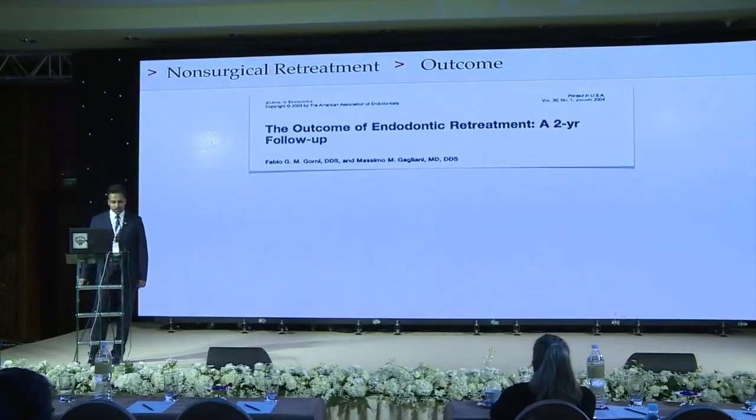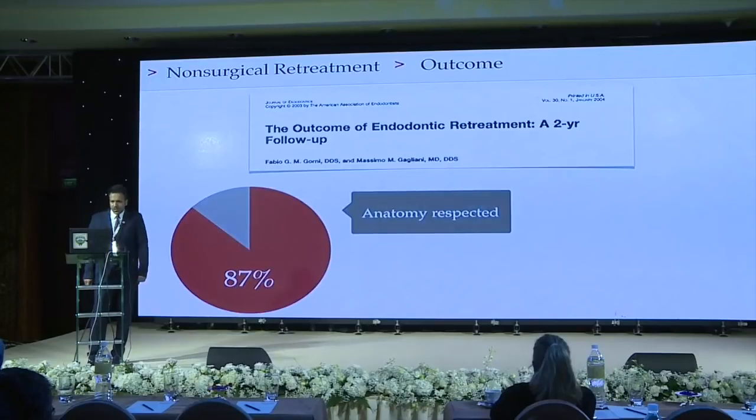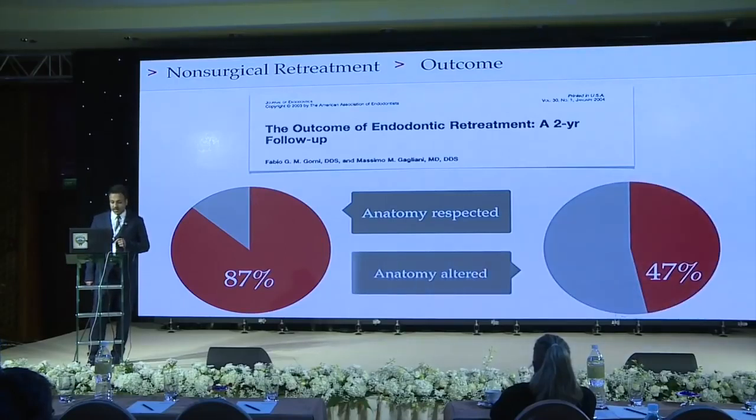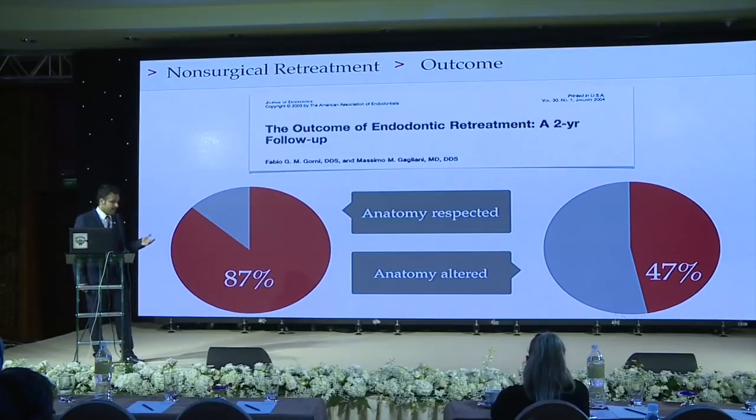Another very popular study is Gorni and Gagliani. After 2 years, they found that when the anatomy is respected, the success is around 87%, whereas when the anatomy is altered or was not respected, that drops to 47%. And that makes a lot of sense because success is all about cleaning.